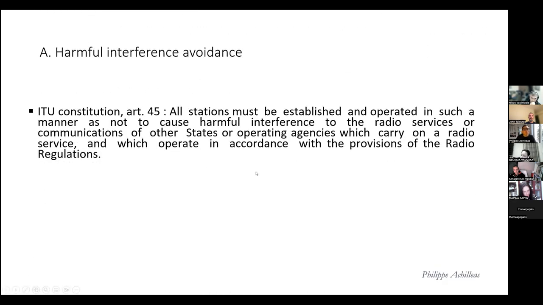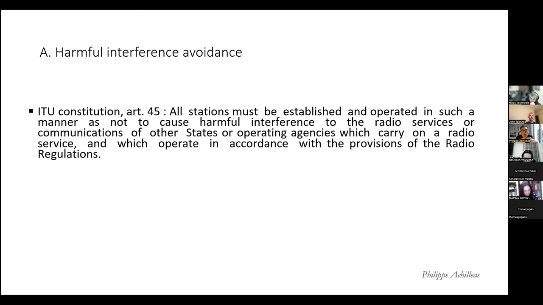So, one of the main objectives of the ITU is to prevent harmful interference. Harmful interference is defined by the ITU Constitution, and it means you have an interruption or degradation of communication between stations.